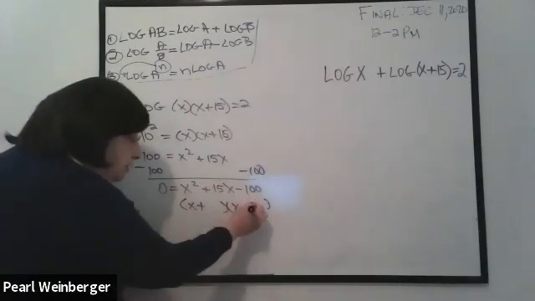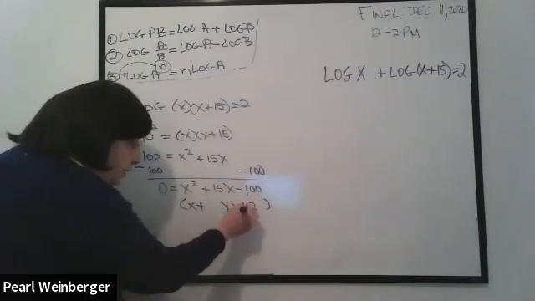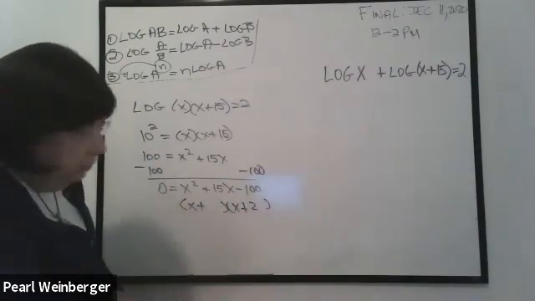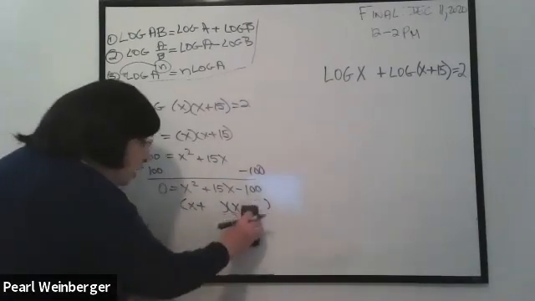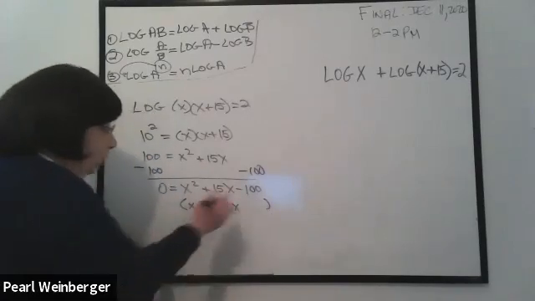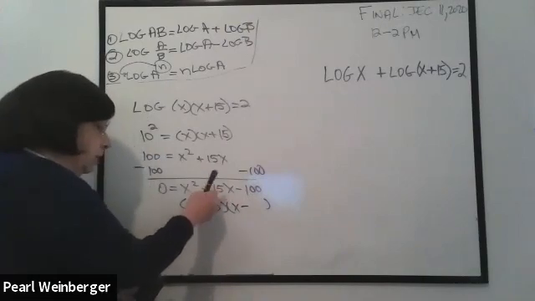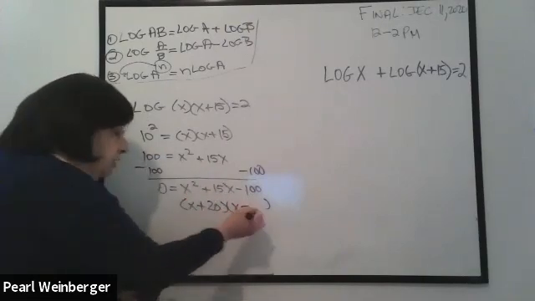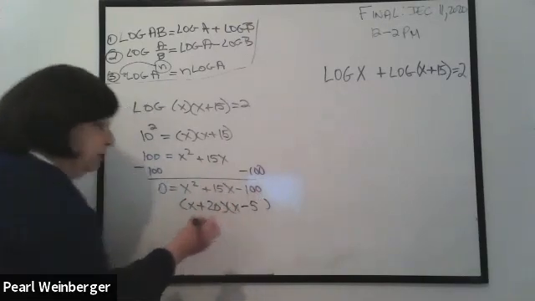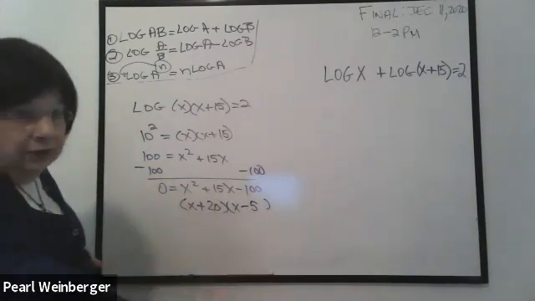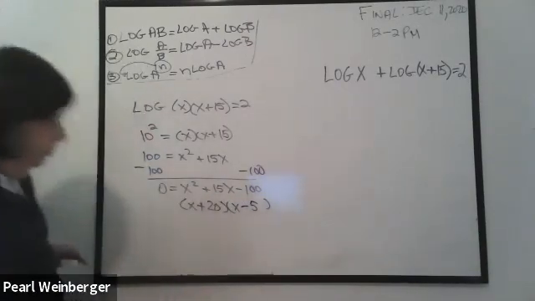The 20 is going to have to be the positive one because this is a plus 15, and the 5 is going to be the negative one. The larger number has to be the positive one.